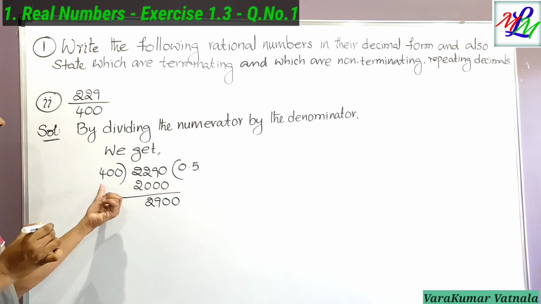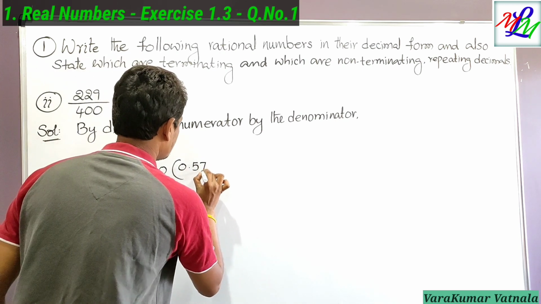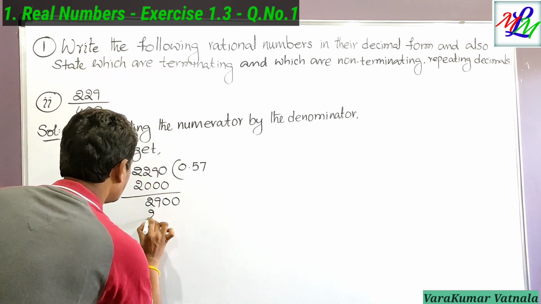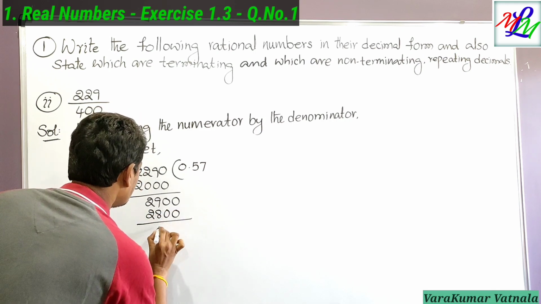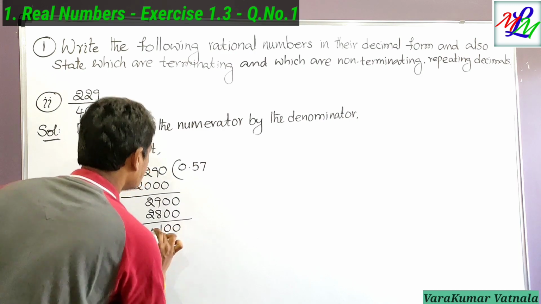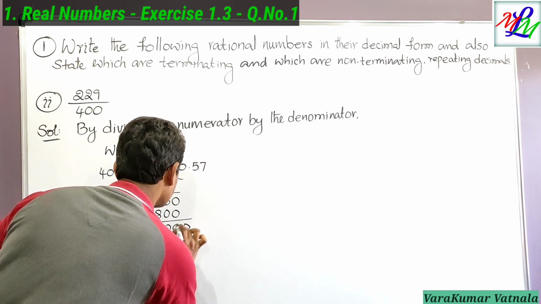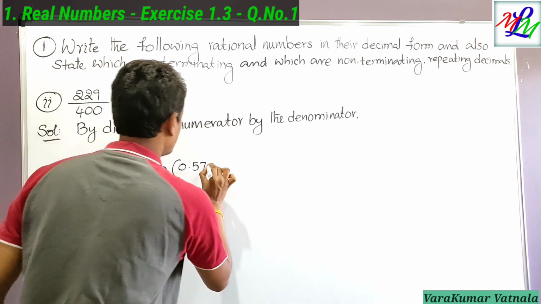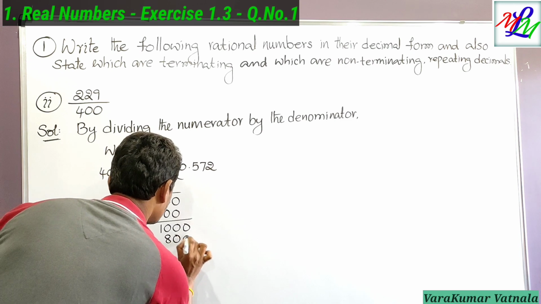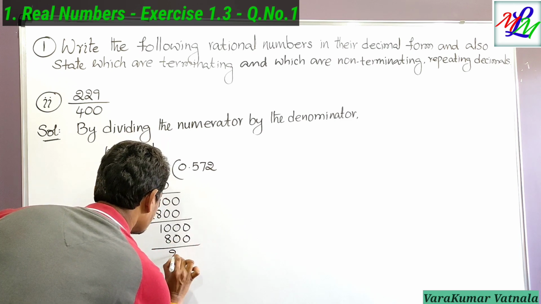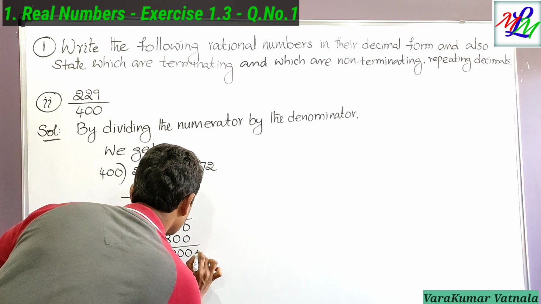Again we write a 0. How many times does it go? 4 sevens are 28, so 2800. Upon subtraction we get 100. Again we write one more 0. How many times does it go? 4 2s are 800. Again subtract: 1000 minus 800 is 200. Again we write one more 0.